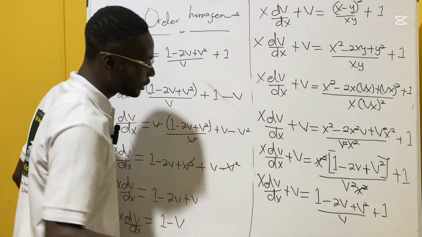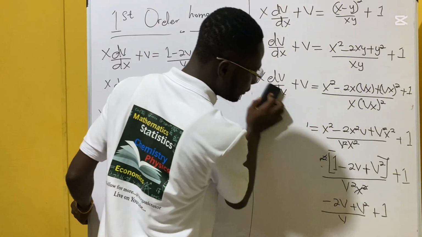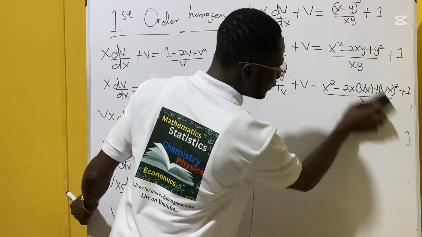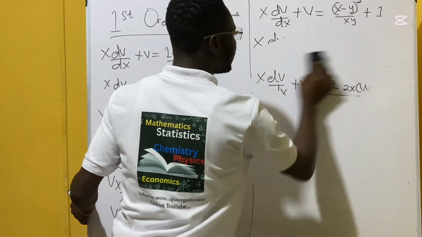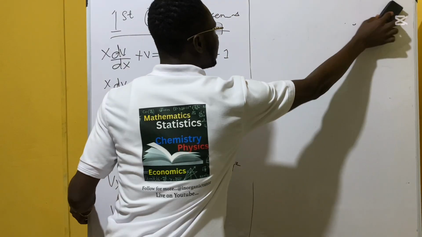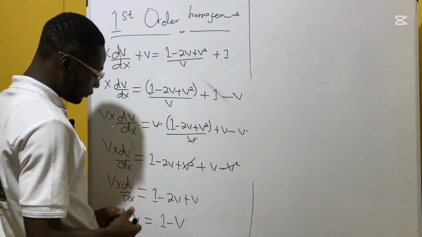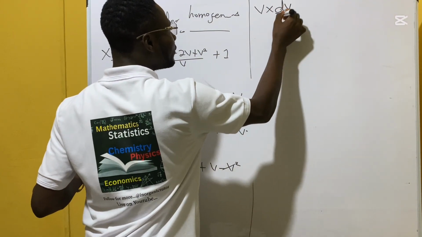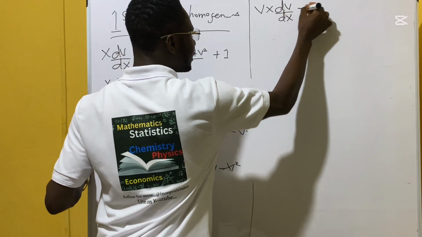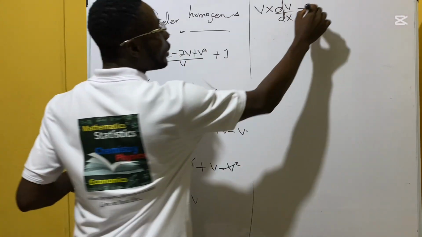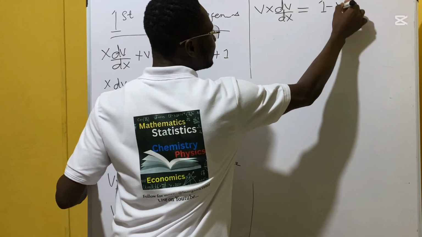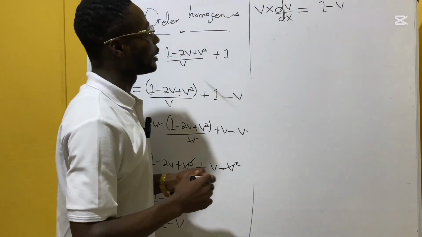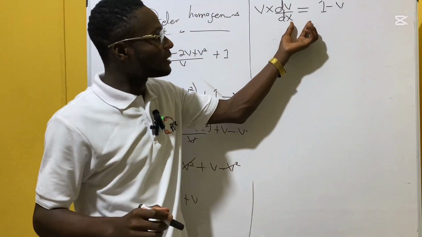Okay, so let's go here. So here we have vx dv over dx that should be equal to 1 minus v. Okay, so this we have right here.